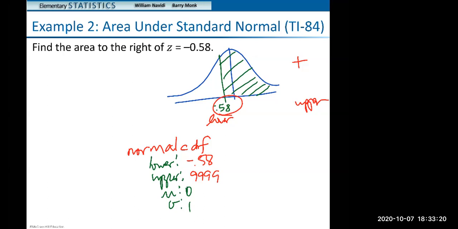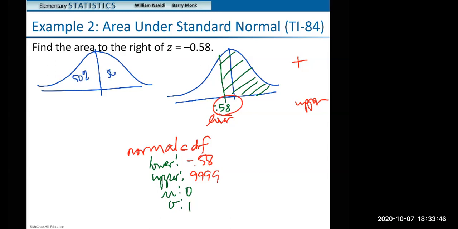All right, Anisan, William, yeah, 0.7192. It looks correct because one of the properties of the normal curve, you know, is that the total area is 100%. Since it's 100%, the middle means this is 50% and this is 50%.